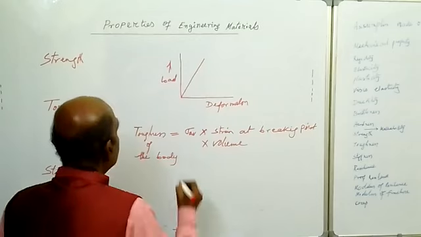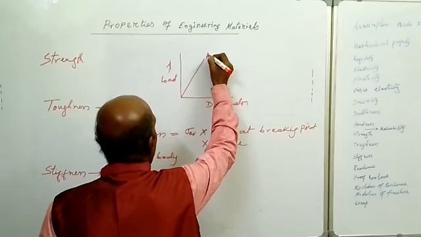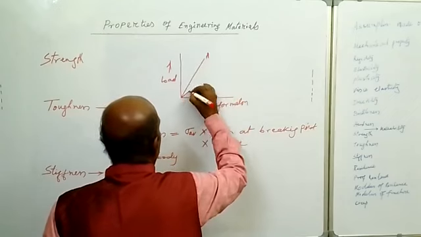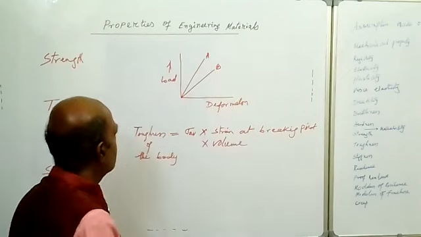Now what is stiffness? Say this is for material A, and for another material, say material B, this is the curve.